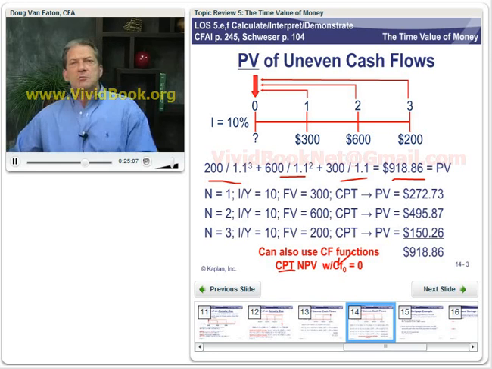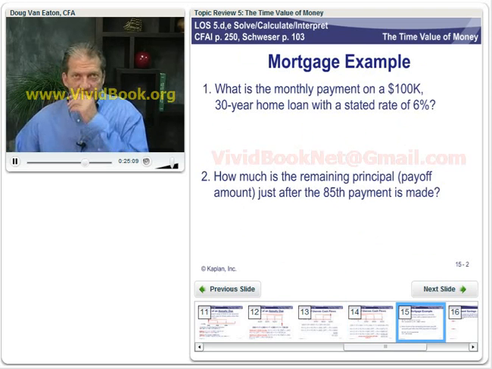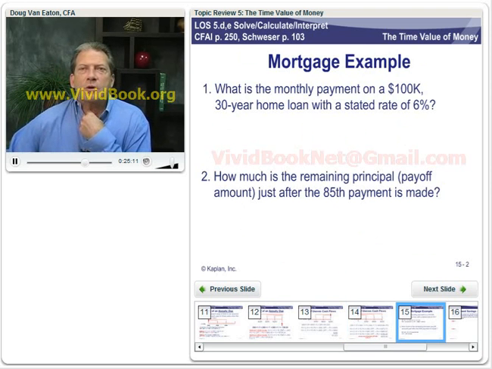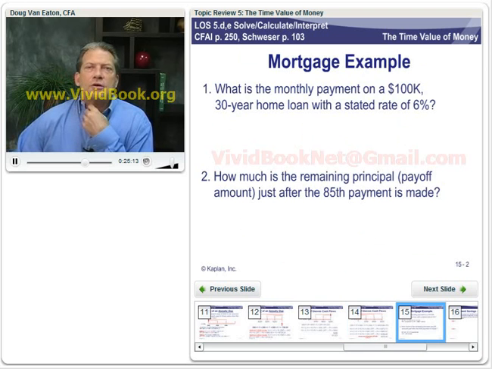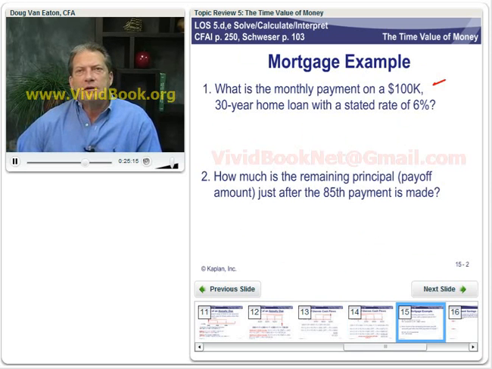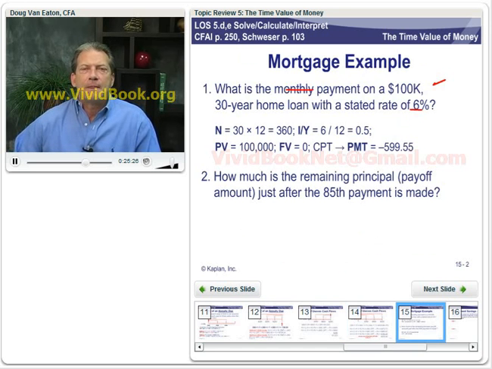Let's take a look at a mortgage example, how we can use some of this. What's the monthly payment on a $100,000 30-year home loan with a stated rate of 6%? Well, remember, that's our stated rate. If we've got monthly payments, then we need to divide that by 12. So 6% over 12, we get 0.5% per month as our interest rate.